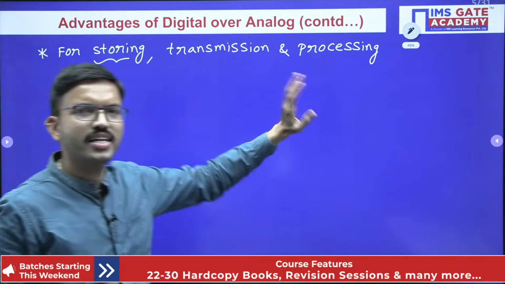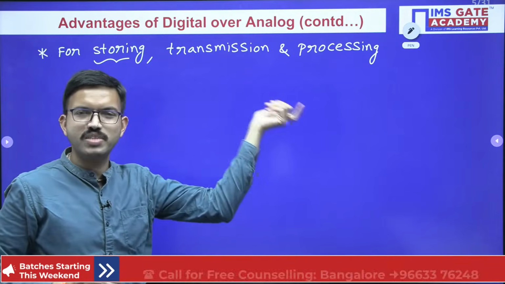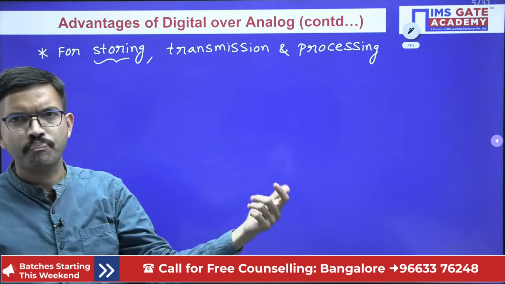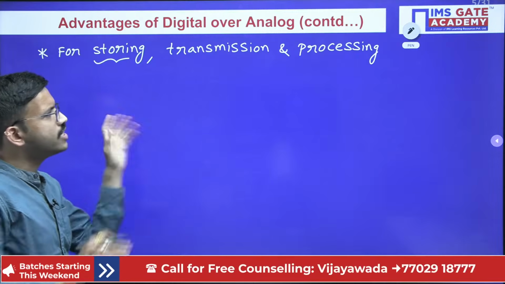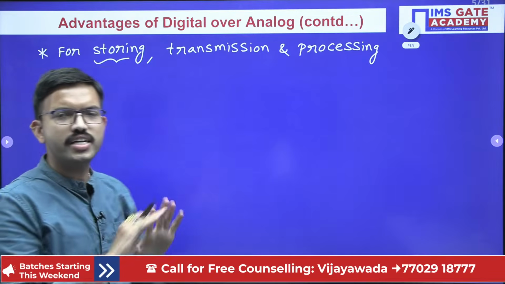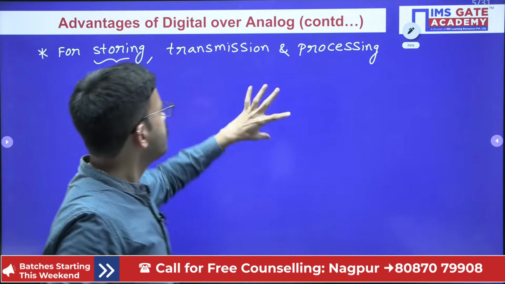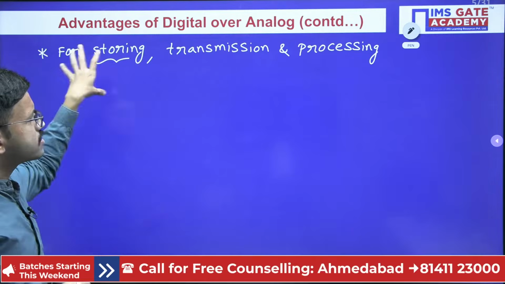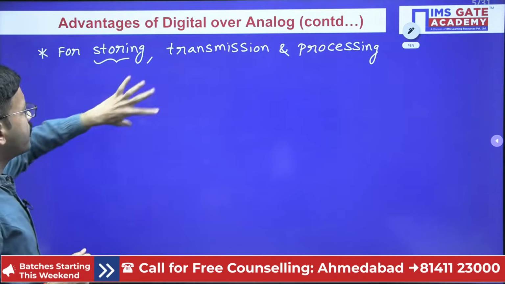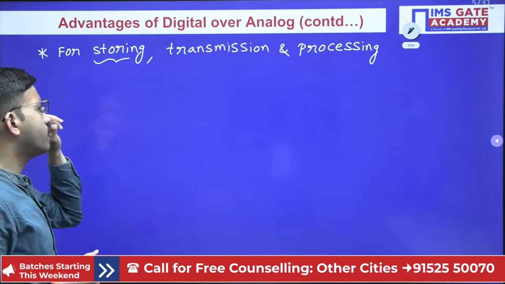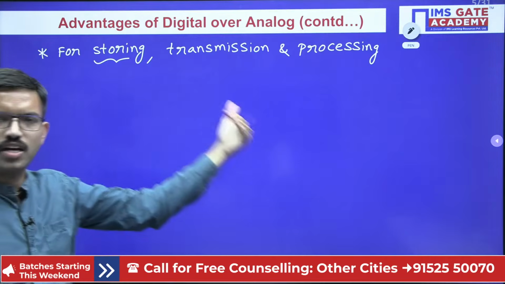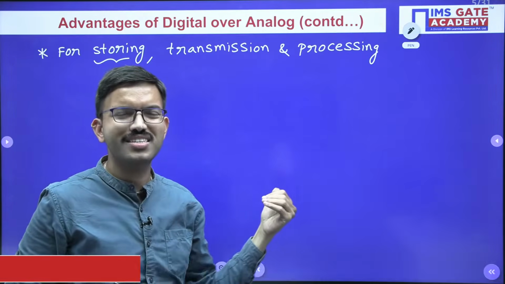That's why earlier you might have heard the subject title analog signal processing, but nowadays digital signal processing. Everything you are studying related to ECE, electronics or electrical, whatever processing applications and operations you do with electrical signals, earlier was in analog, but there are so many advantages in digital.